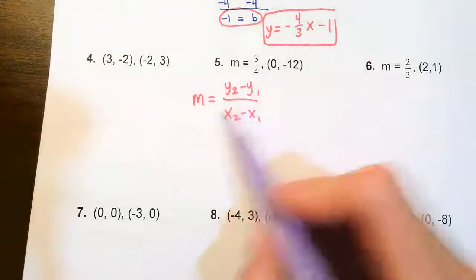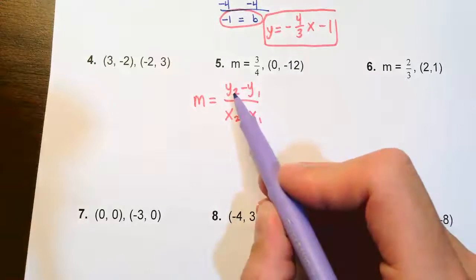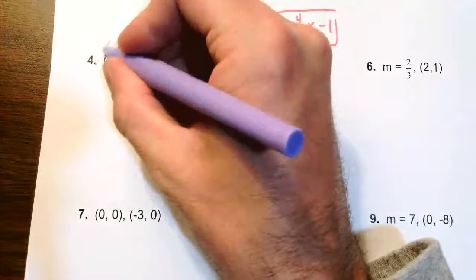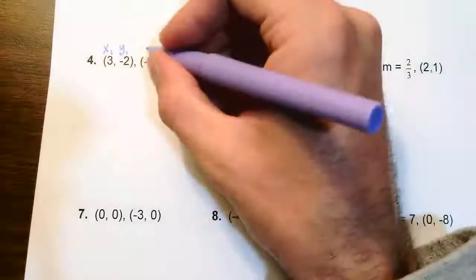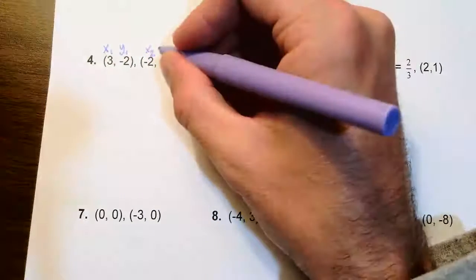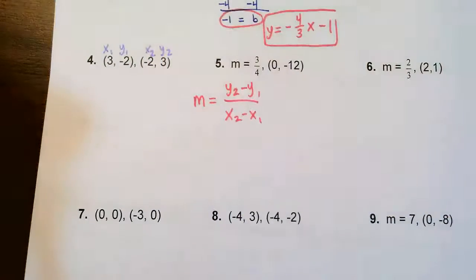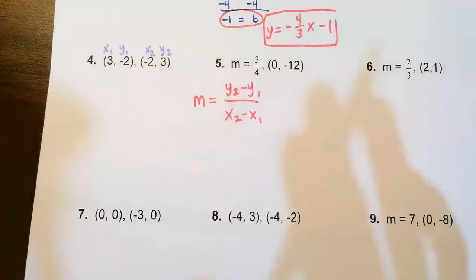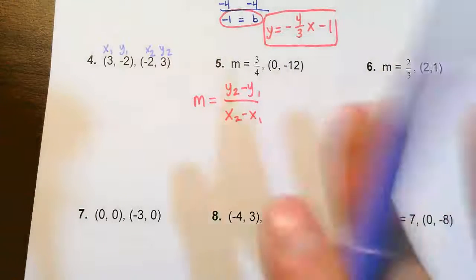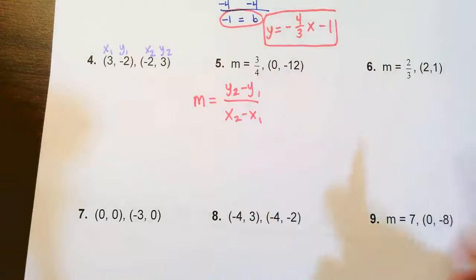It's important that you keep a consistent order here. So I'm going to label my points so that I do that. I'll call this one x1 and y1. I'll call this one x2 and y2. That's just so that I don't mix things up, because that will cause the sign of my slope to be wrong. It'll be positive when it should have been negative if I mix these up.